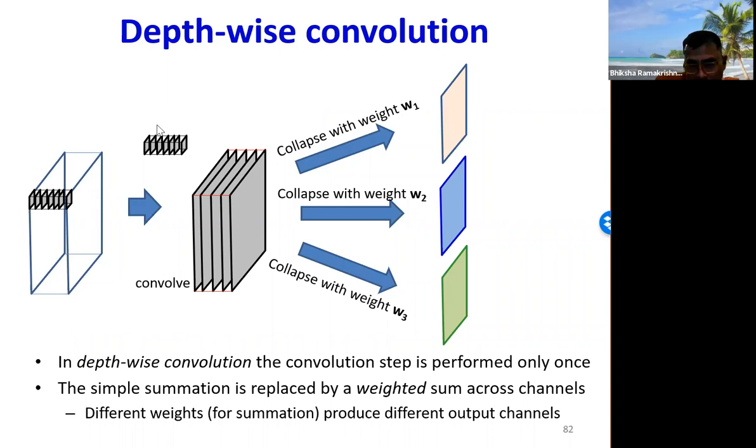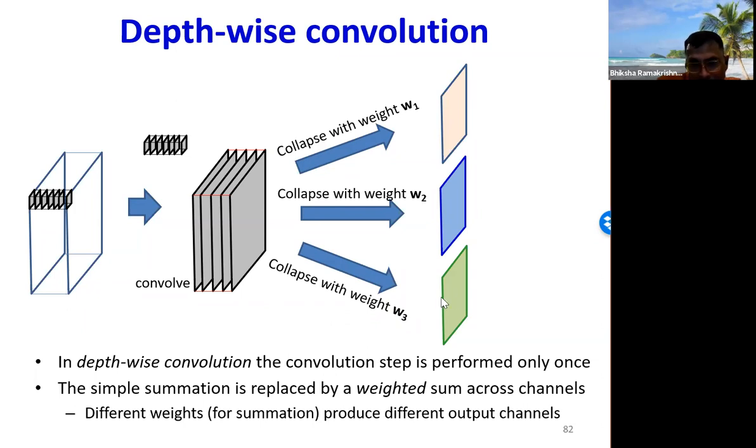But then, instead of simply summing all of these up, we perform a weighted sum, and the different filters only vary in the weight with which these things are combined. So you have one actual convolution filter which produces all of these maps, and then different sets of weights with which these are collapsed to compute the output maps.